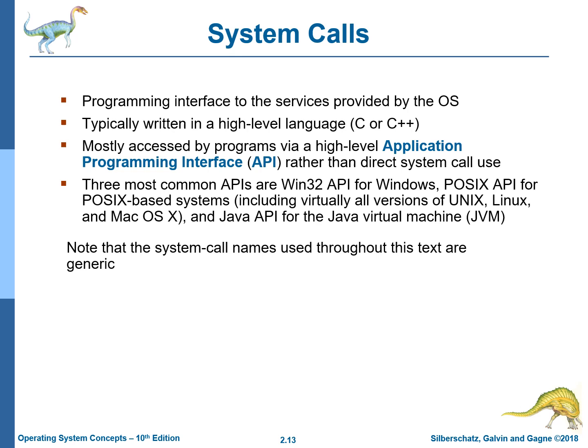There are three most common APIs, which are Win32 API for Windows, POSIX API for POSIX-based systems, including virtually all versions of Unix, Linux, and Mac OS X, and Java API for the Java Virtual Machine. Note that the system call names used throughout this text are generic.